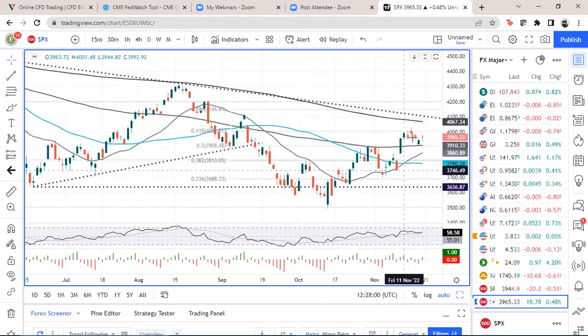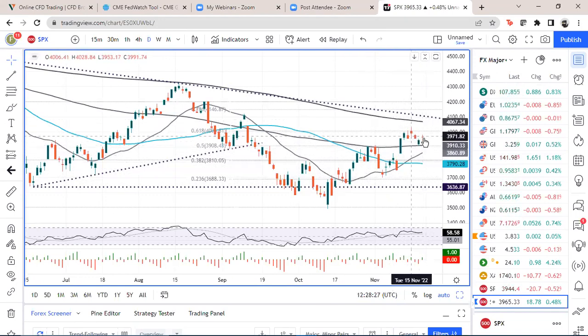But we've got the 200-day moving average, widely watched, and then that trend line resistance just above 4,000, 4,067, the 200-day moving average to watch out for. And then support, well, we've got the 100-day moving average which actually capped the downside on Friday, you can see at 3,910, and then below that we're getting into 3,800, 3,860 or so.